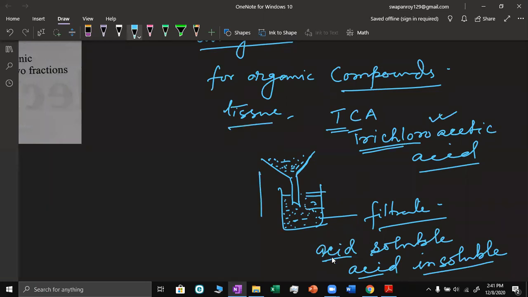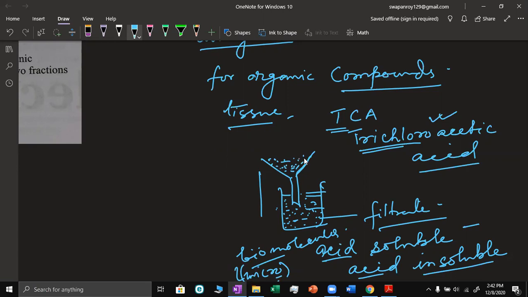In the acid soluble portion, the small molecules will come out. These are simply the biomolecules, or micromolecules.